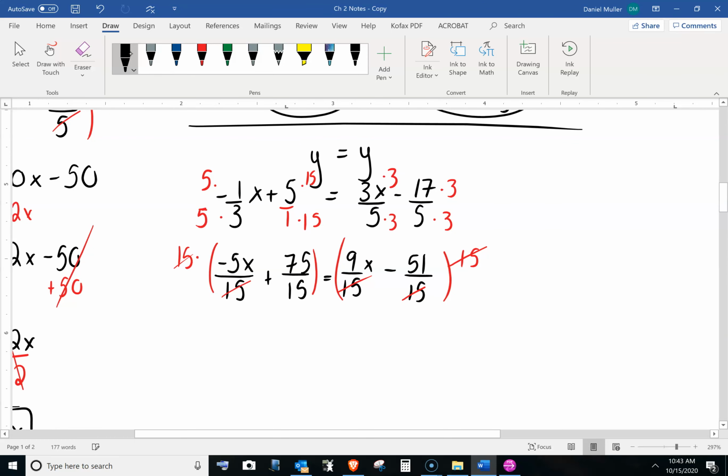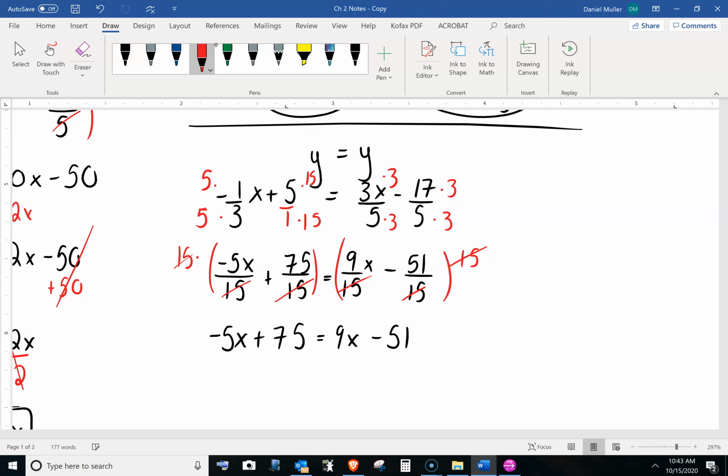Okay, so now you've got a negative 5x left over with the 75 and the 9x minus 51. And I can move over the smaller x or the more negative one. Well, negative 5 is the more negative one, so I'll add it over to this side.